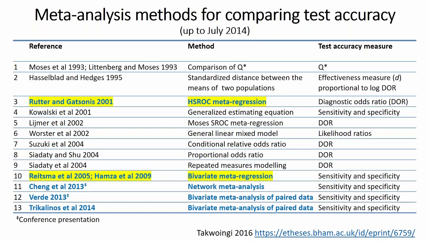Verdi looked at bivariate meta-analysis of paired data, and Tricholinus also did the same in the approach that he proposed. I'll come back to the approach by Tricholinus later on. So this was what was available at the time.